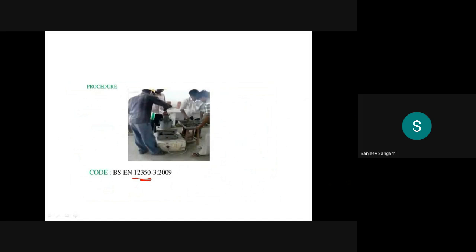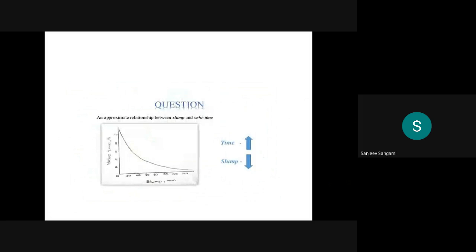Now you can see the graph of the vee-bee time and the slump.